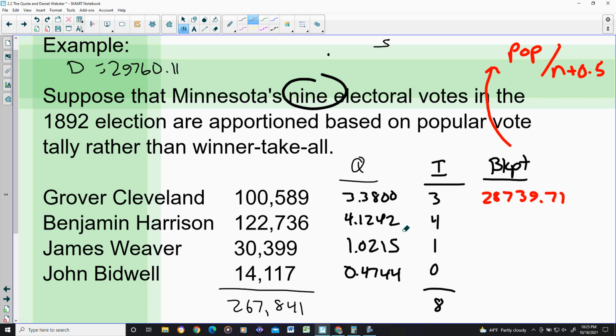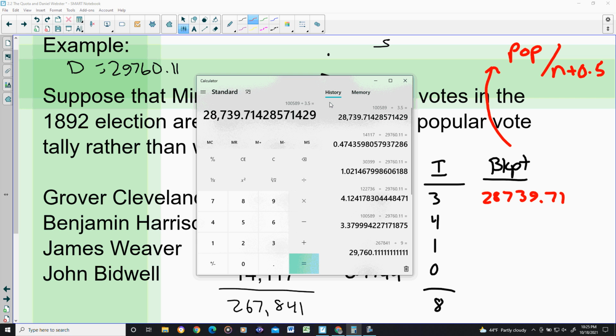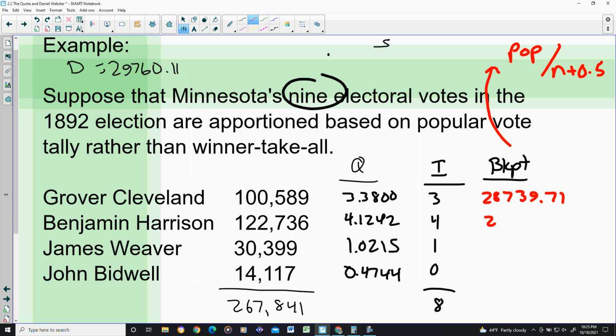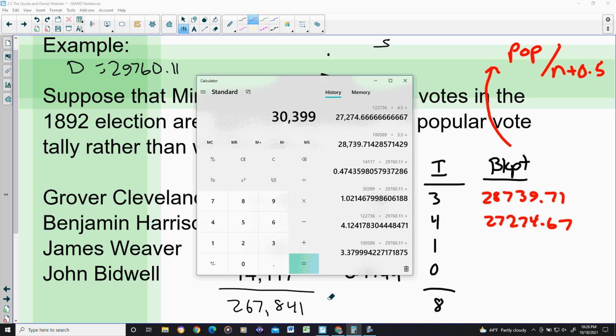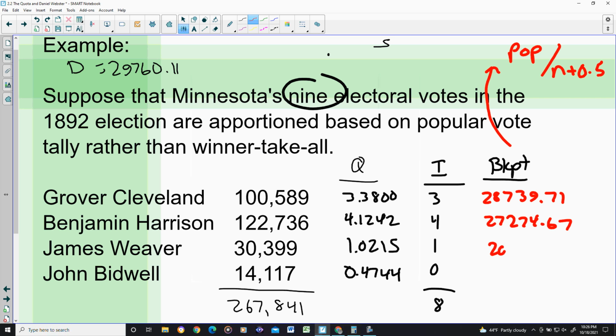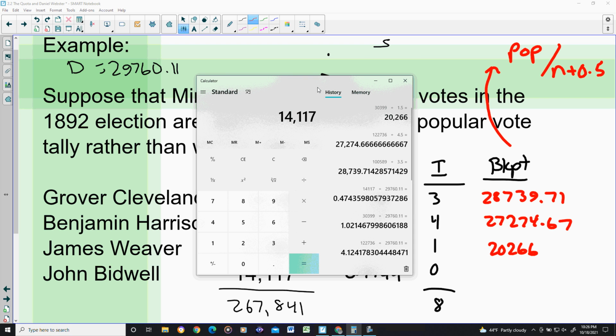The next number we're going to divide by 4.5: 122,736 divided by 4.5 is 27,274.67. Then we'll do the same for the others: 30,399 divided by 1.5 is 20,266 on the dot. And finally, 14,117 divided by 0.5 is 28,234.